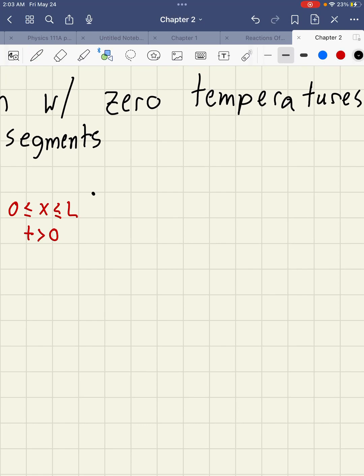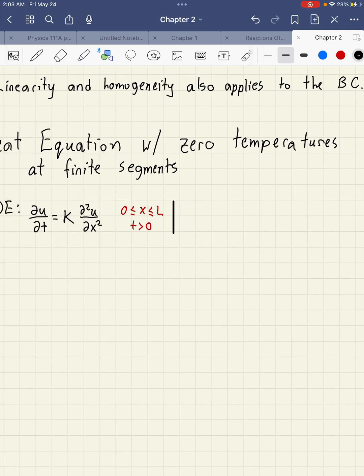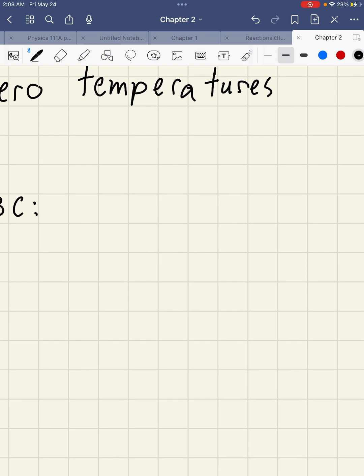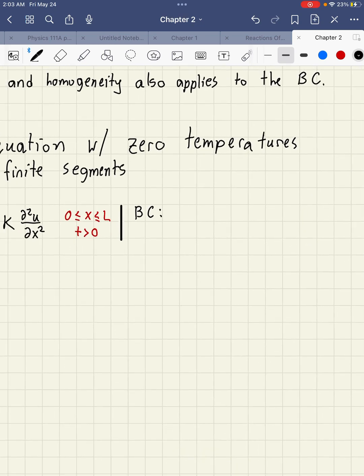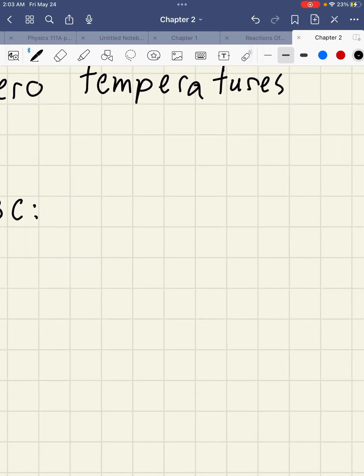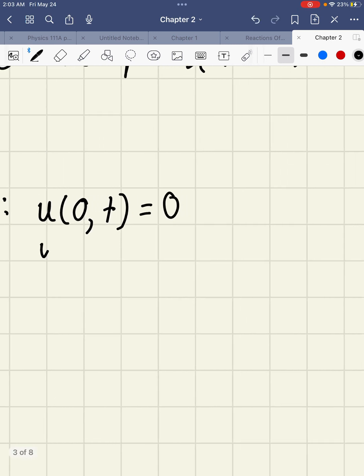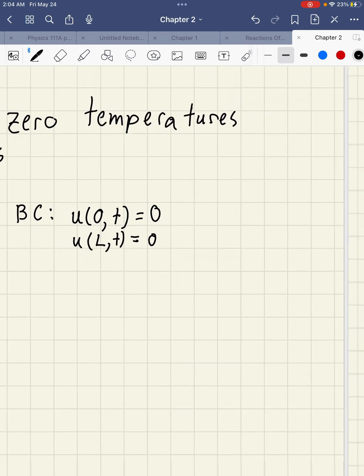Now let's talk about my boundary condition. My boundary condition is zero temperature at the finite segments. So what I expect is u at x equal to 0 at the given time should be equal to 0, and u at x equal to L is also equal to 0.